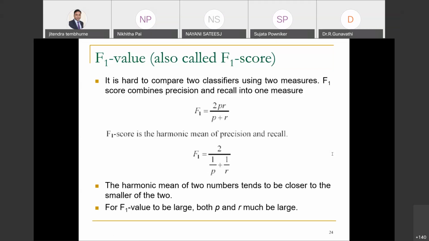In your problem statement, you have to have fewer negative classes, and only then will precision and recall increase. So now one score you got for one class, and another for the other.